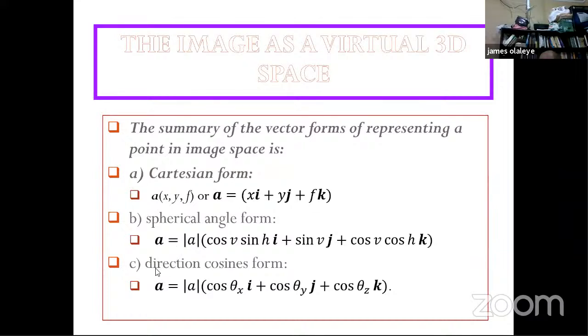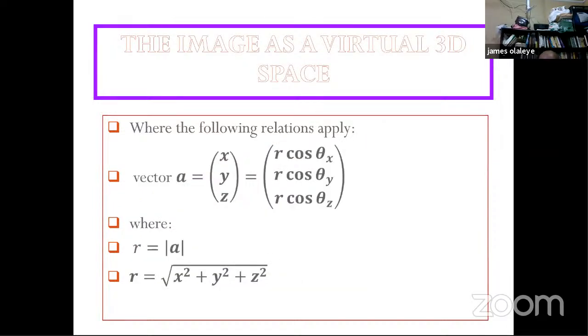Now, in the direction cosine form, this same vector is expressed in terms of the angle that the vector makes with the x-axis, y-axis, and with the z-axis. So these are standard formulas which you can apply for a position in an image.